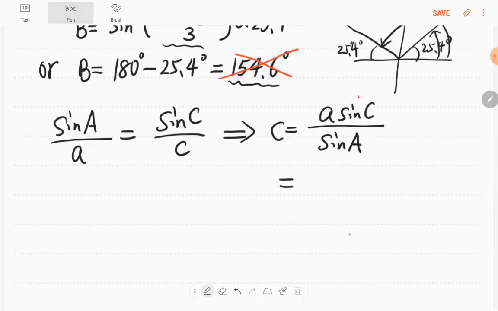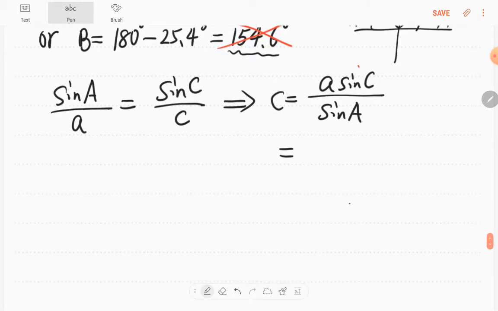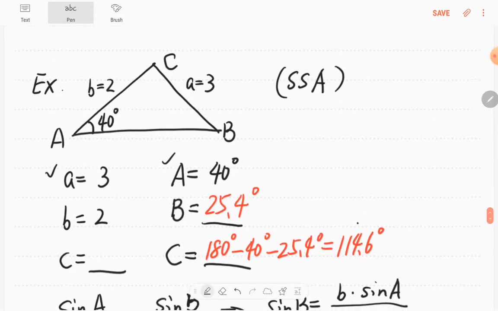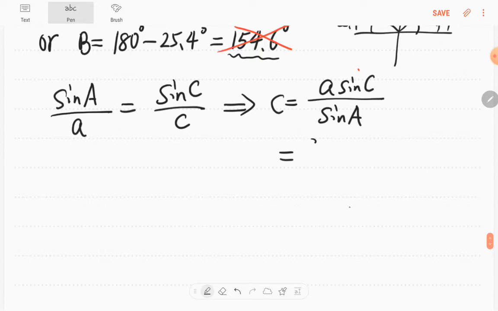If you plug in everything, A is equal to 3, so it's 3 times sine 114.6 degree over sine A. Sine A is sine 40 degree.